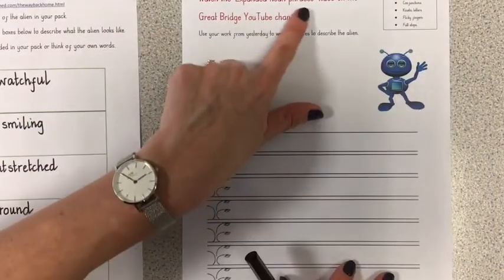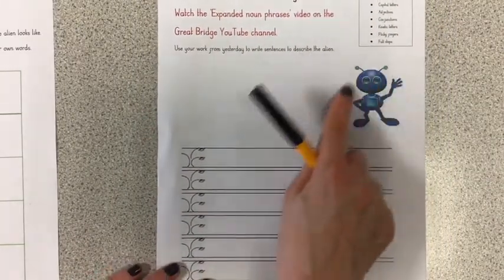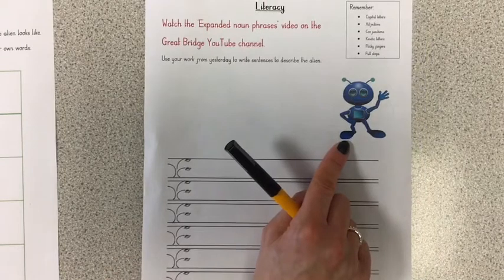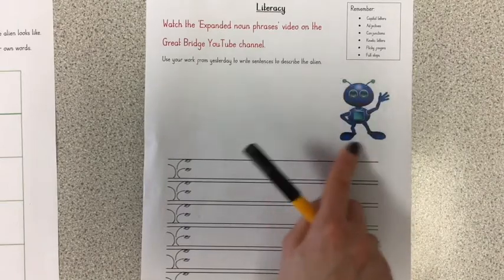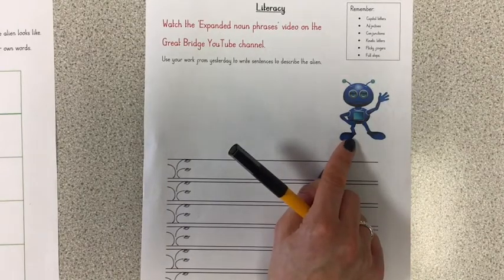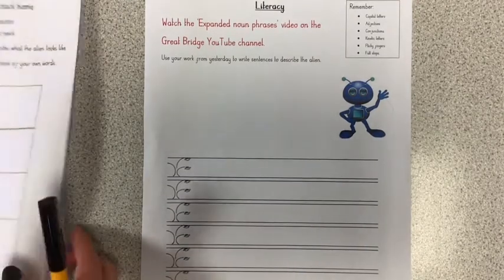So an expanded noun phrase is just a sentence about the alien with some adjectives in it to describe him. We're expanding the information about the alien by telling me what he is like using adjectives.